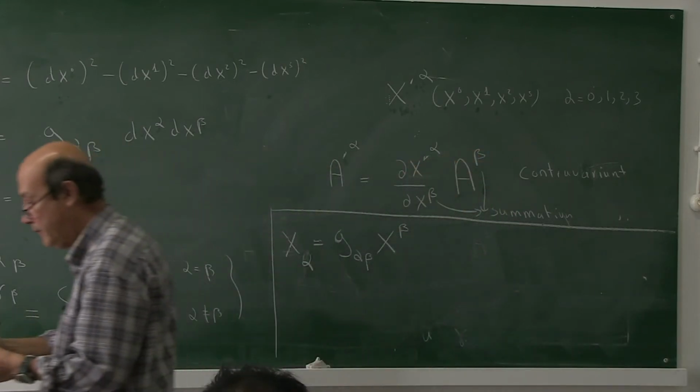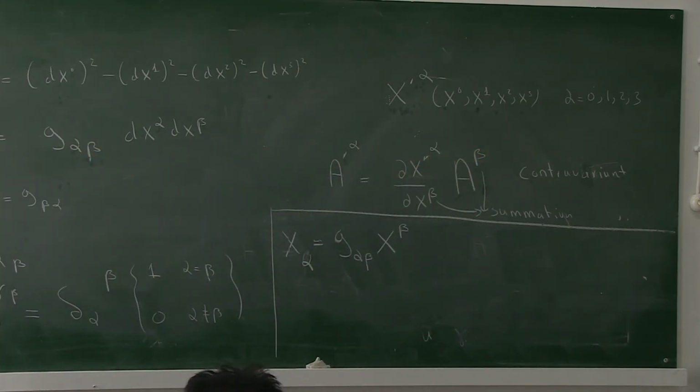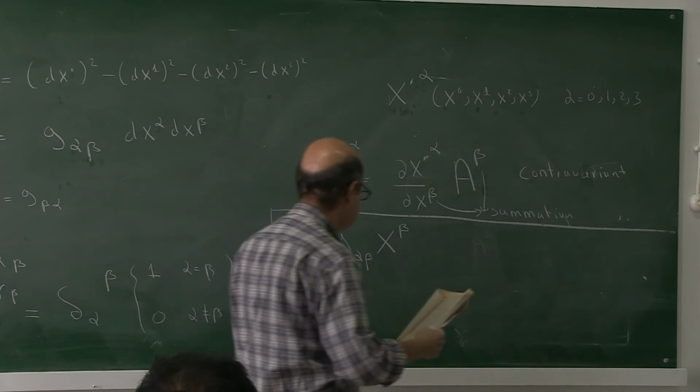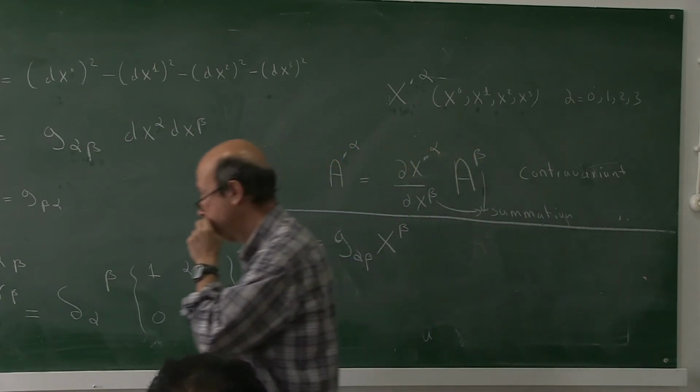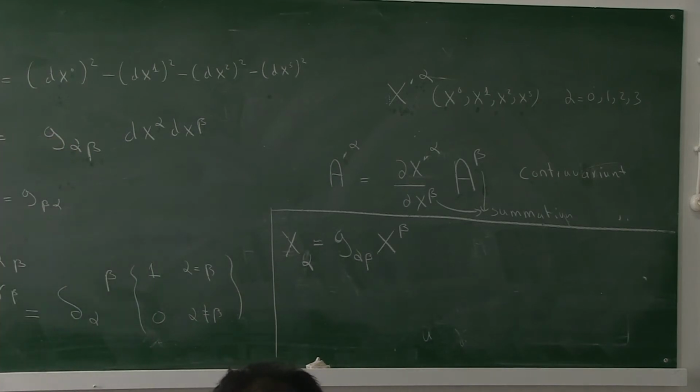So basically, what is going on here? You are lowering the index from up to down, contravariant to covariant. And what is changed actually if you act this one?